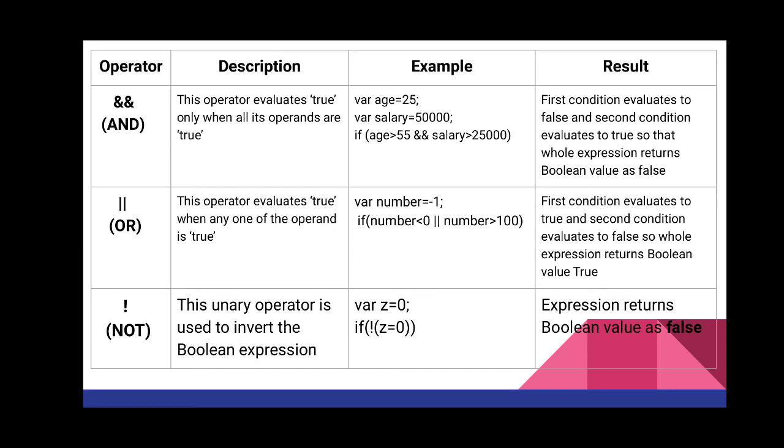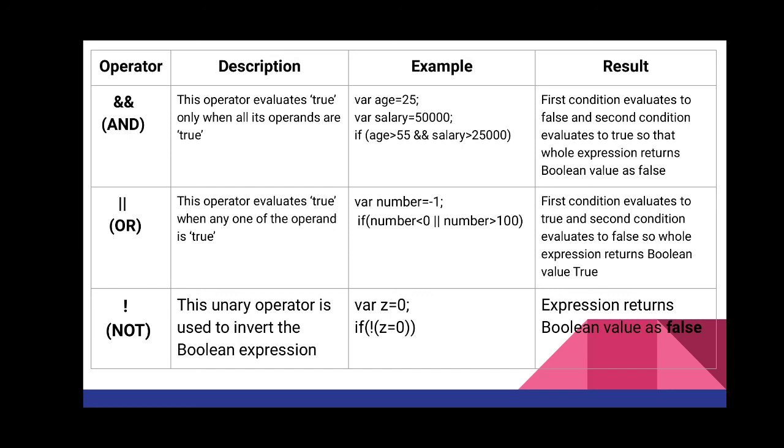It would have been false, and then only it will check the next condition, number greater than 100. Otherwise, if it observes that the first condition is true, it will automatically give the answer as true, because it doesn't need to check. Okay.